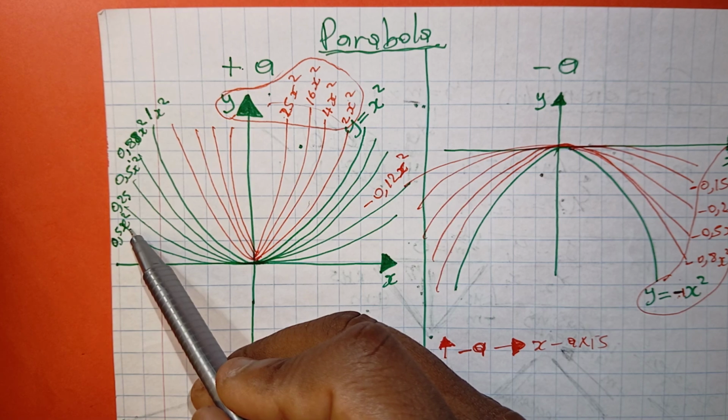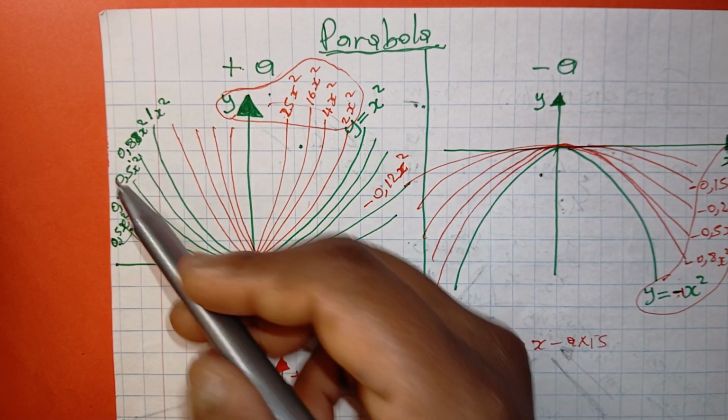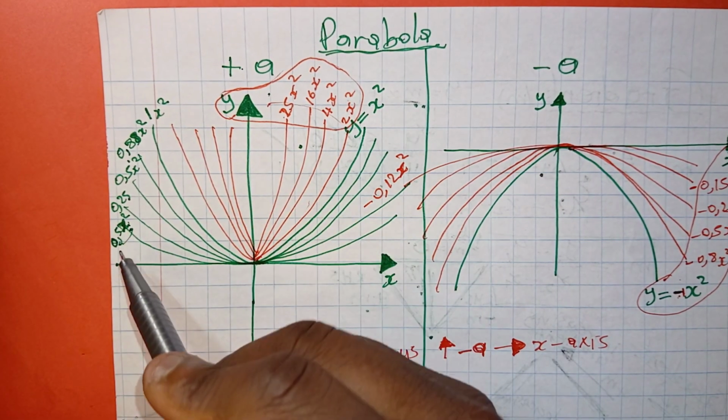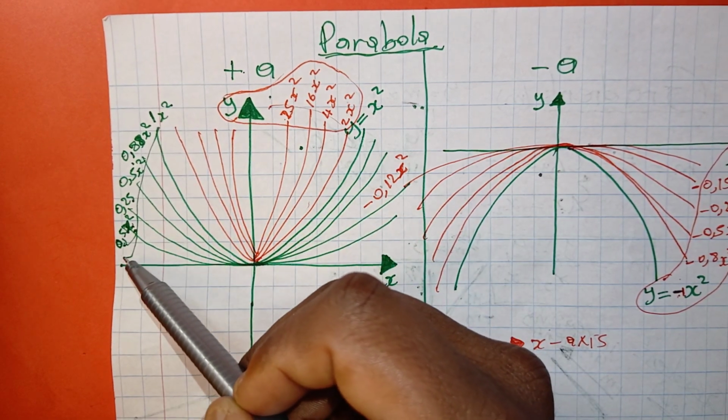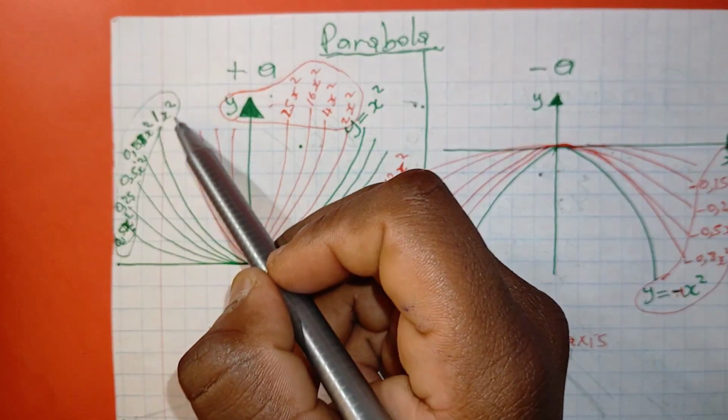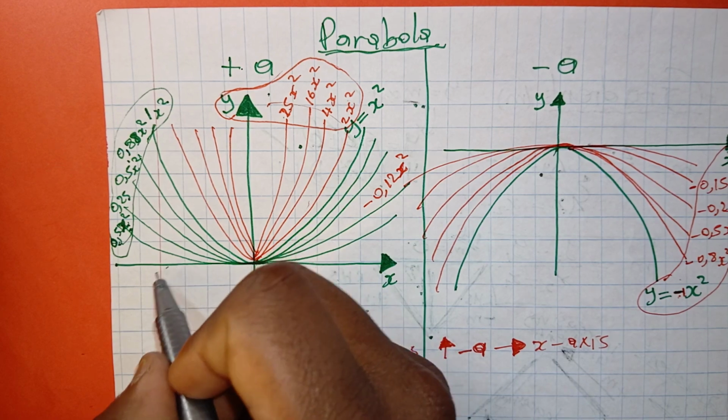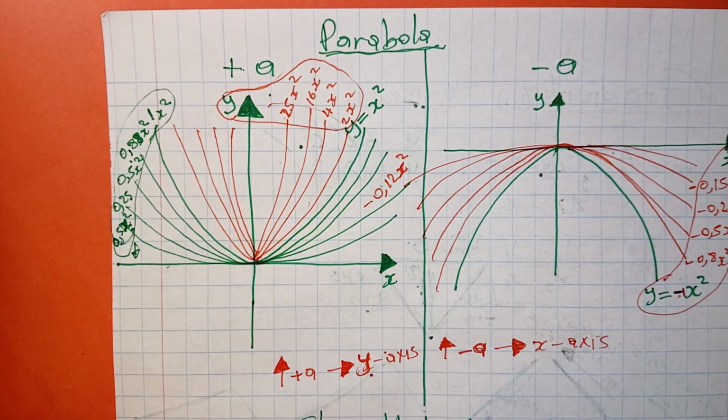So I just hope guys you can see this thing. Here I'm decreasing a positive gradient. And as I'm decreasing a positive gradient, I'm approaching the x values.